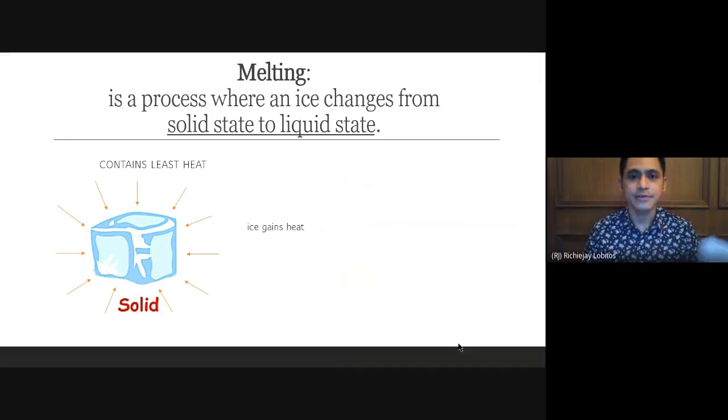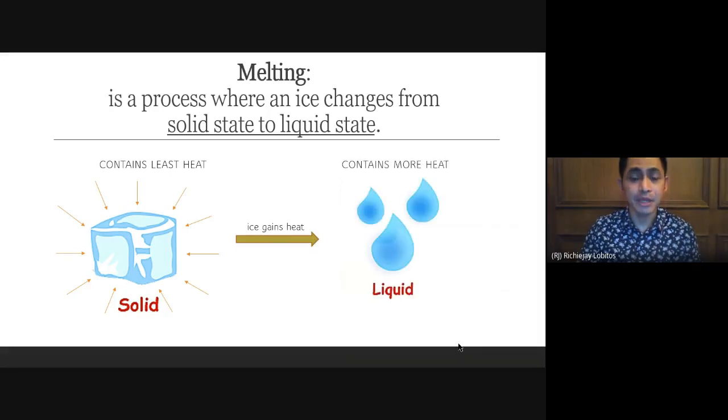The ice will take this heat from the surrounding air and from the surrounding container, and if you place it on plastic, a table, or metal, it will also gain heat from there. When that happens, the ice will expand and melt.